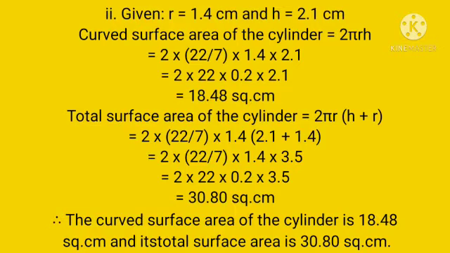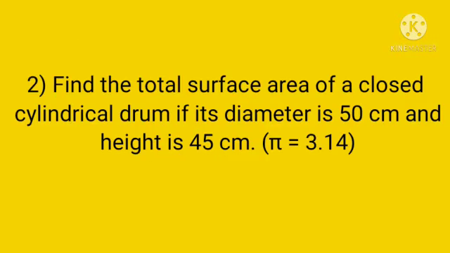So we get 2 multiplied by 22 upon 7 multiplied by 1.4 multiplied by 3.5, which is equal to 30.80 square centimeter. Therefore, curved surface area of the cylinder is 18.48 square centimeter and its total surface area is 30.80 square centimeter.